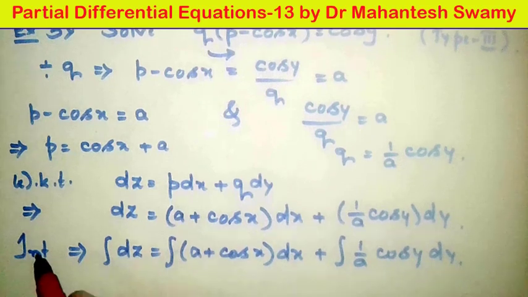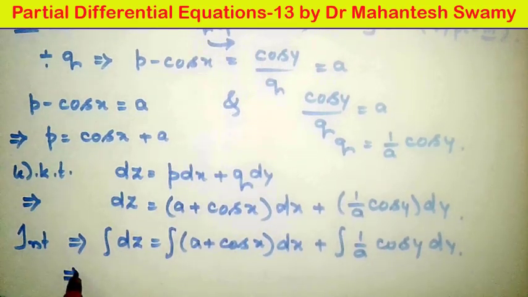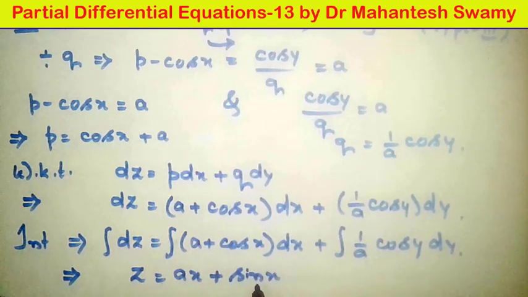Now let us write the final values of the integrals. Integral of 1 with respect to z is z. Integral of a with respect to x is ax. Integral of cos x with respect to x is sin x, plus 1 by a as it is. Integral of cos y is sin y, plus the constant of integration c let us take.